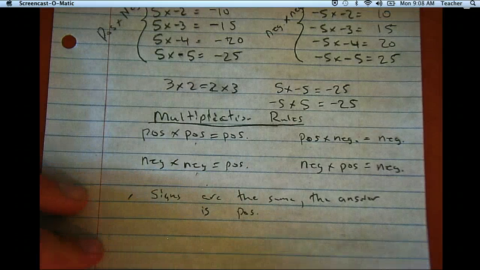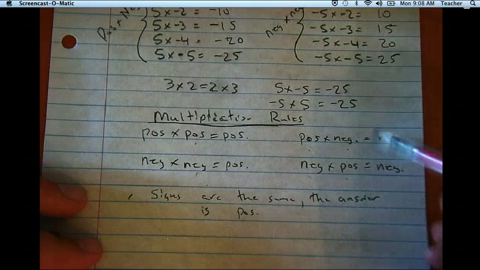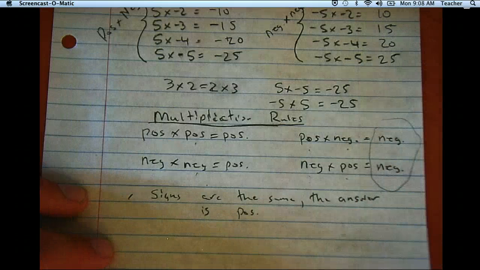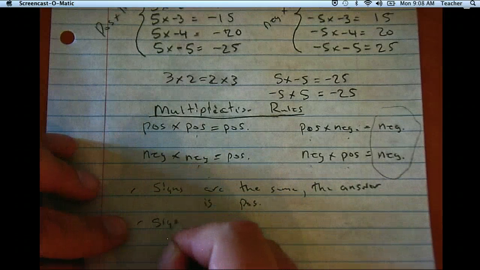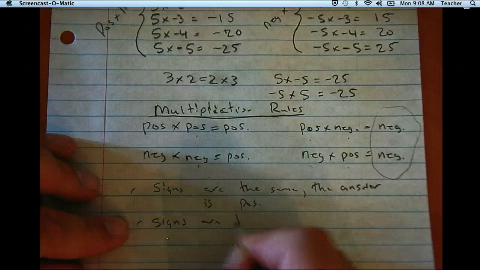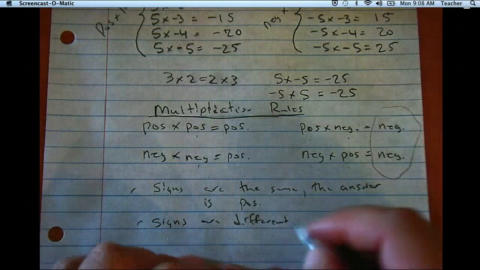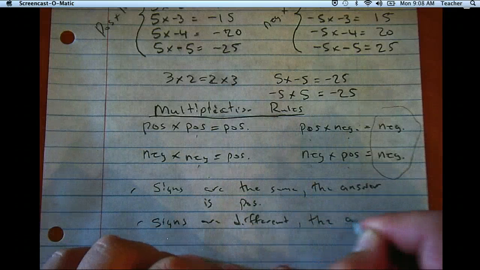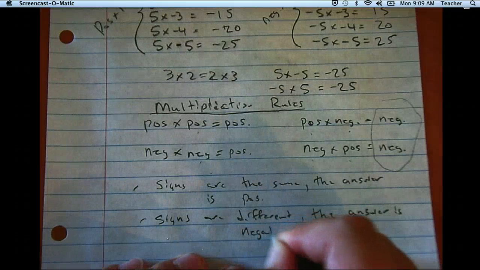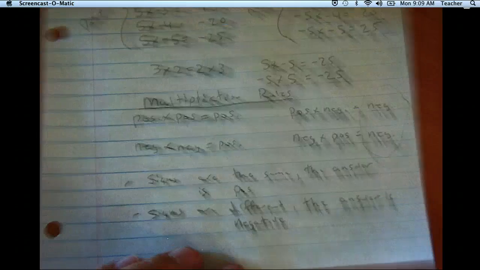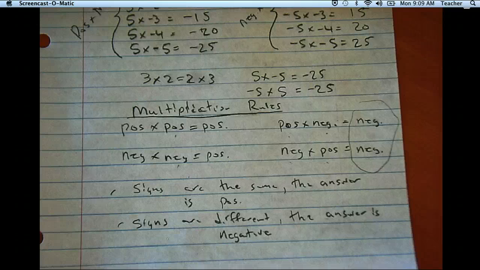If the signs are different, a positive times a negative, or a negative times a positive, my answers are negative. So when the signs are different, the answer is negative. Okay? Now those are your notes on multiplying integers.